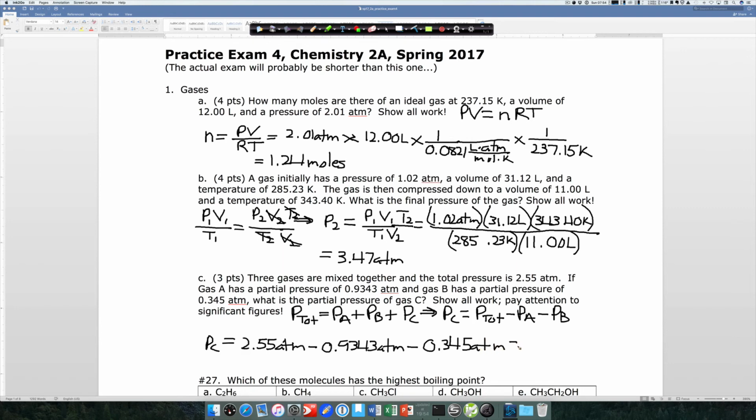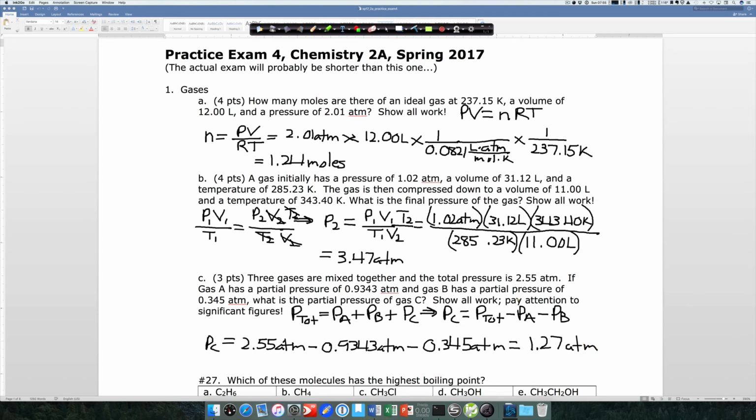It's the sig figs that'll probably get you. Remember, the rules are different for subtractions and additions, so looking at all 3 of these numbers, the fewest digits past the decimal point is 2, so whatever happens, we're going to have to round our answer to 2 digits only past the decimal point. Okay, so 2 digits past the decimal point, 1.27 ATM.